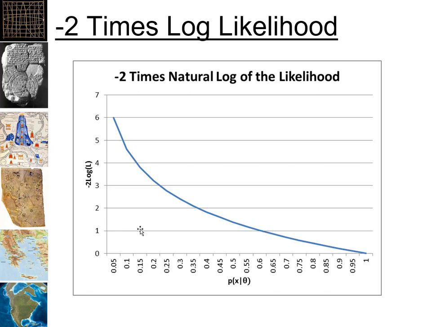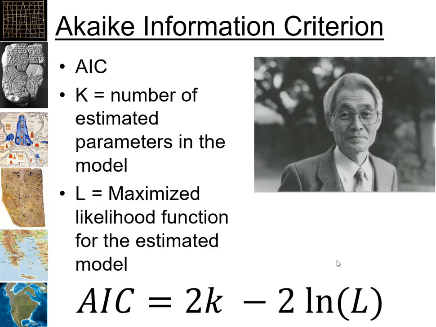That's really important because when we flip over here to AIC, you will see here's our -2 natural log of L. We want that value to be small. In other words, a small value for -2 natural log of L is going to be a large likelihood. That's how we get maximum likelihood into here, even though it says -2. All right, K is the number of parameters.